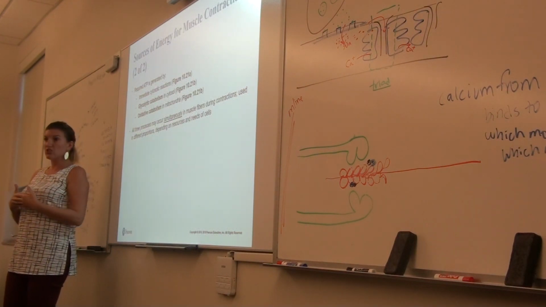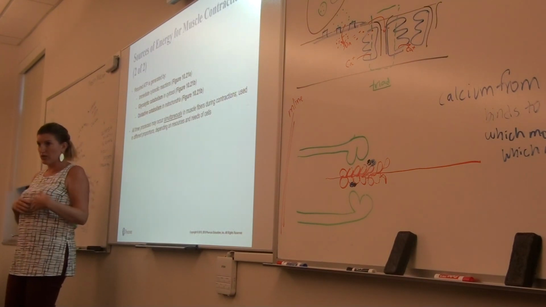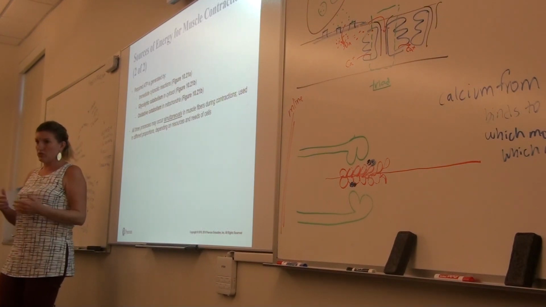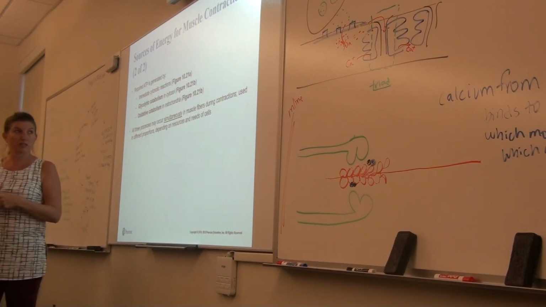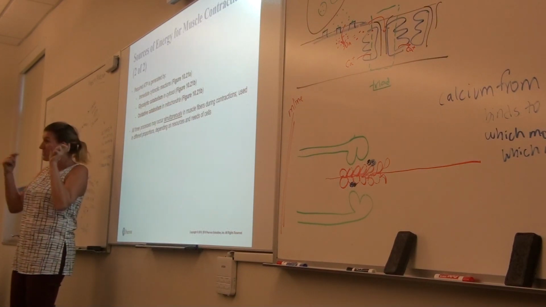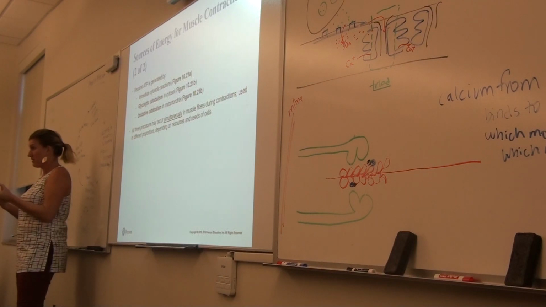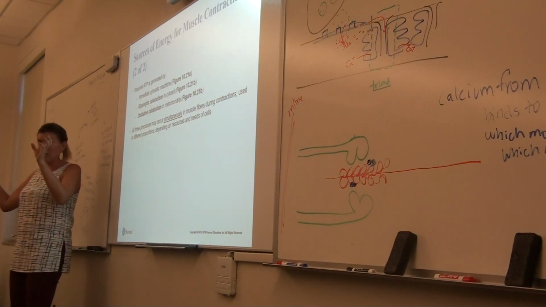Glycogen is our body's stored form of glucose, right? Our body eats too much sugar, we first store it as glycogen. And if those stores are filled and we're eating too much, then of course it's converted all into triglycerides. But glycolytic catabolism is taking the glycogen that's stored in your skeletal muscles and breaking it down and using it to make ATP.